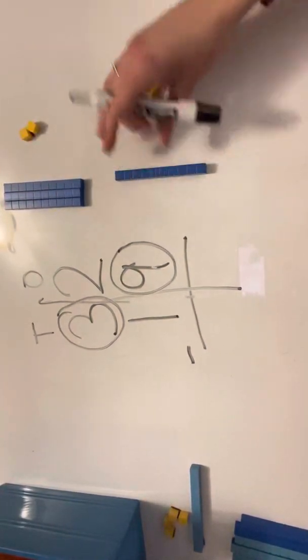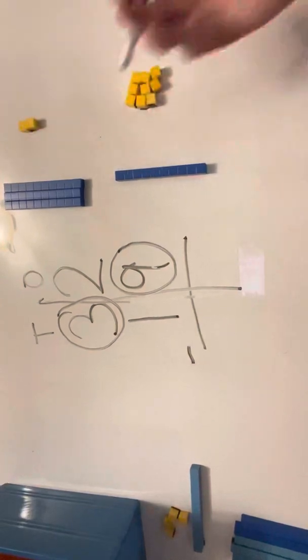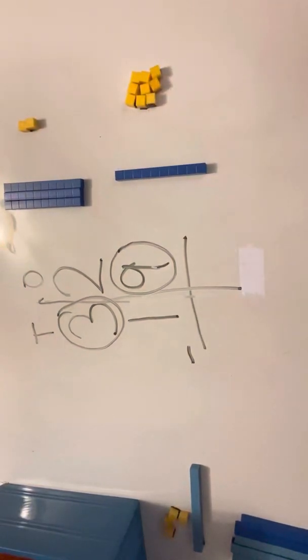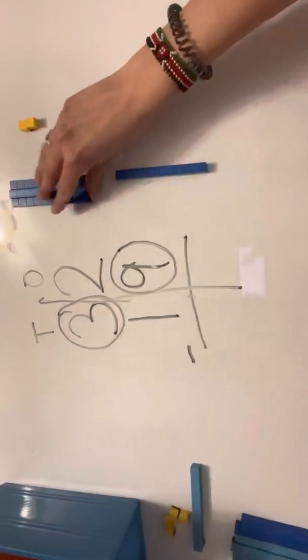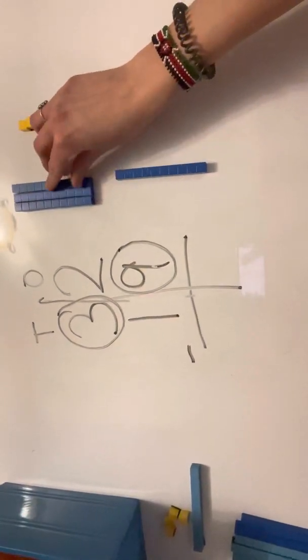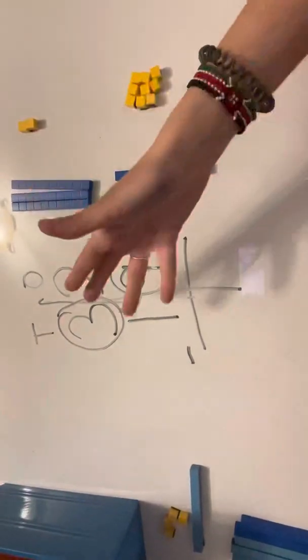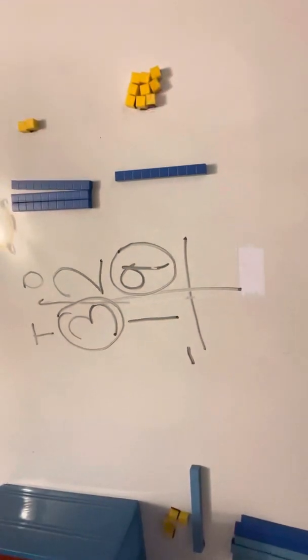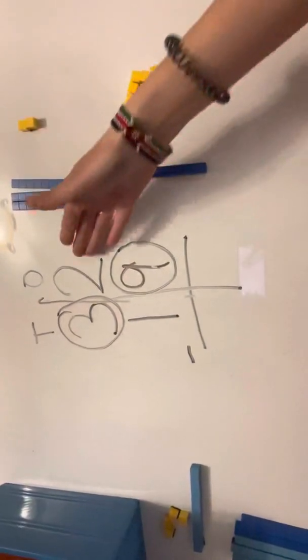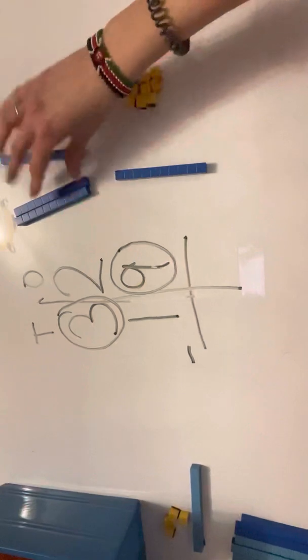Well, I have my 2 ones, and I know I have to make that number bigger. But how do we make it bigger? Well, the good news is we have some friends over here to help in the tens place. So the tens are pretty nice, and they're going to help out. They're going to say, well, you're too small, so you can just borrow one of us.